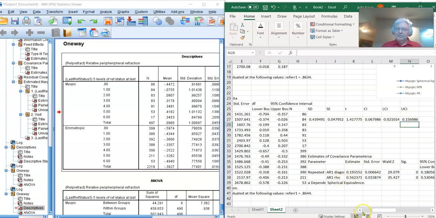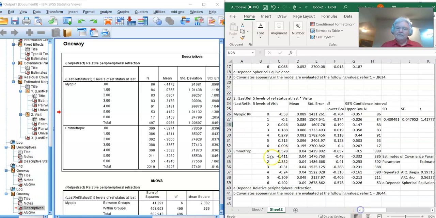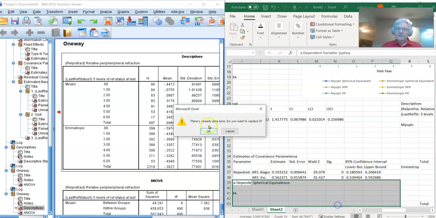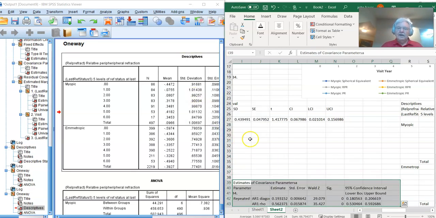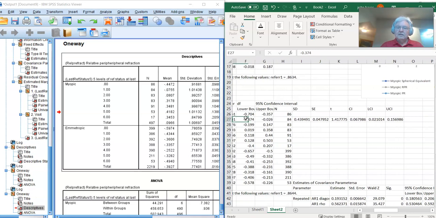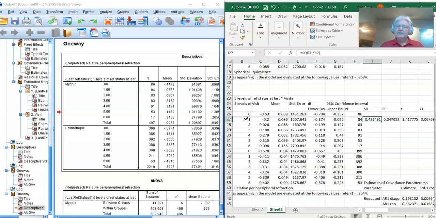And let's come down to our emmetropes. We got to give ourselves some space here. Let's take this. Now, let's look at our standard deviation. We're going to need to make that a constant, so that's F4.